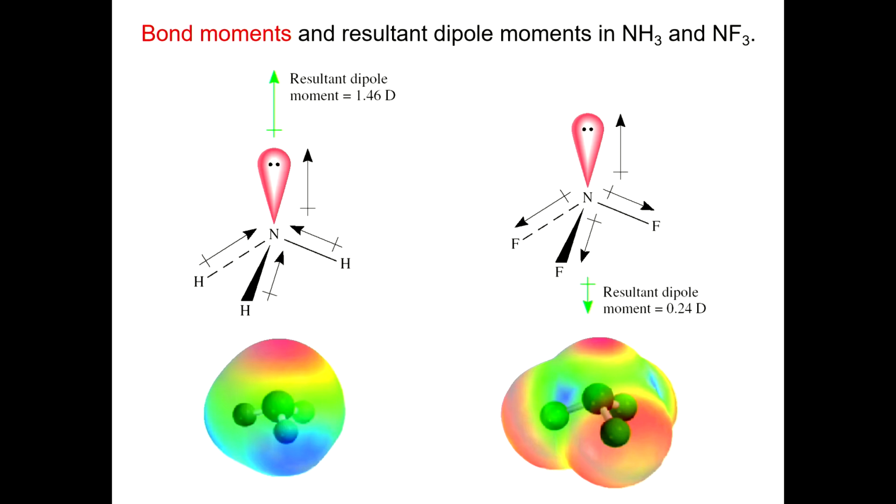But in this one, this moment is different from these three. So this molecule has a low dipole value.